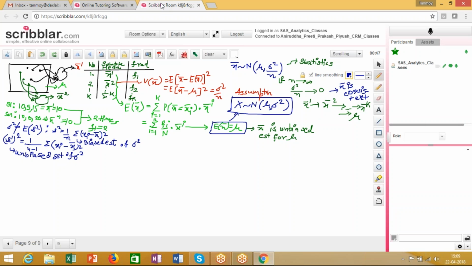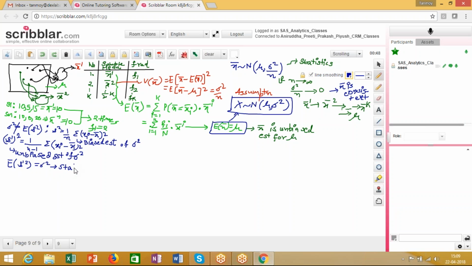Okay. So Anirudh, there's a question: why is this unbiased? Basically, if you use this formula and derive it, if you compute the expectation of S dash square, that is equal to sigma square. This is a result of a statistical proof, and I'm not going into the intricacies of the proof.